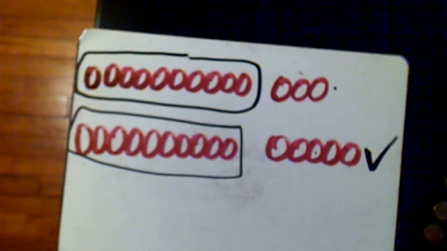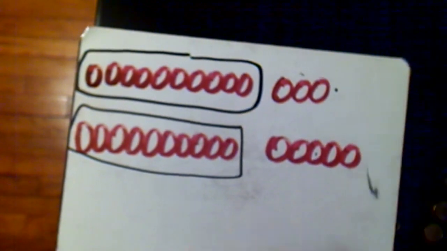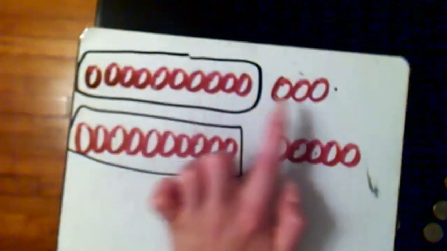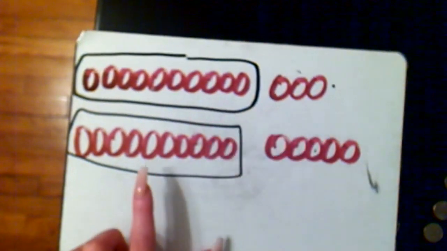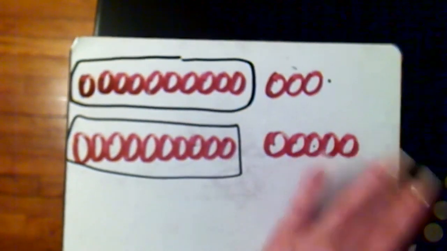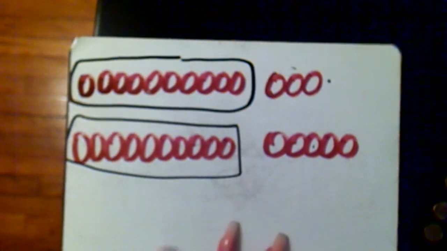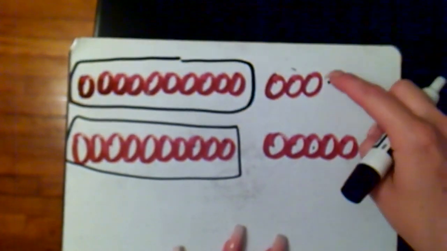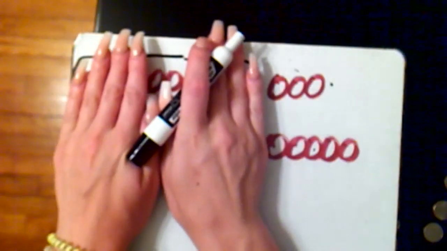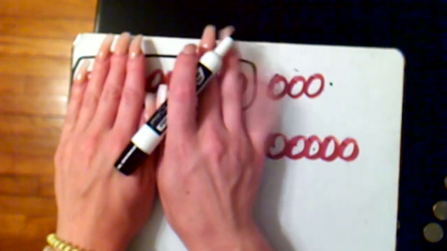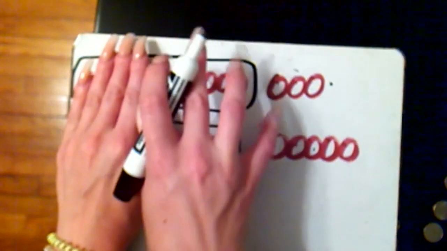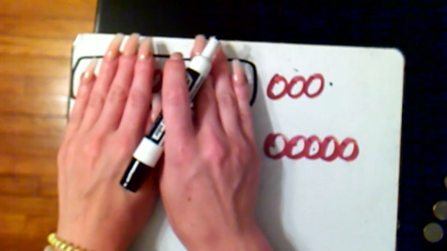Now, sometimes in the problem, you might have to check the group that has less. Now, we already know this is 10, so we can think of our teen numbers: 10, 3, 13, and 10, 5, 15. Maybe you want to find which one is less. We don't even need to look at these because our 10 is the same. We can look at our group of extra ones to find which one is less this time.